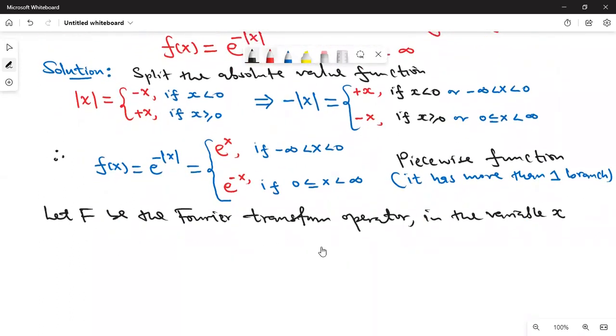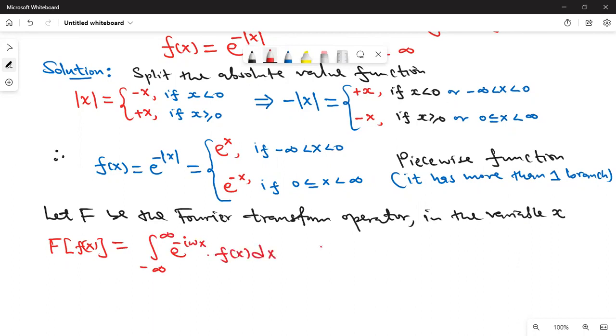So now the Fourier transform of f of x, by definition, is always the integral from negative infinity to positive infinity of exponential negative iota omega x times f of x dx.